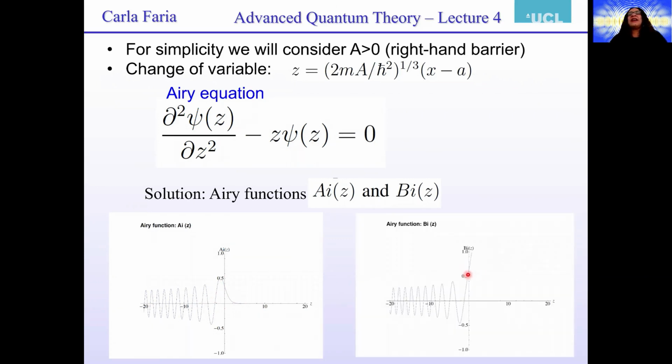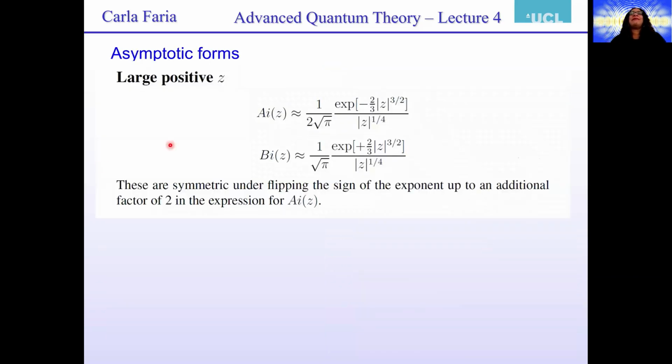And this other guy, Bi(z), oscillates here also for negative z and is exponentially increasing for positive z. So we have these solutions, they look like this, and asymptotically, we can write them like this.